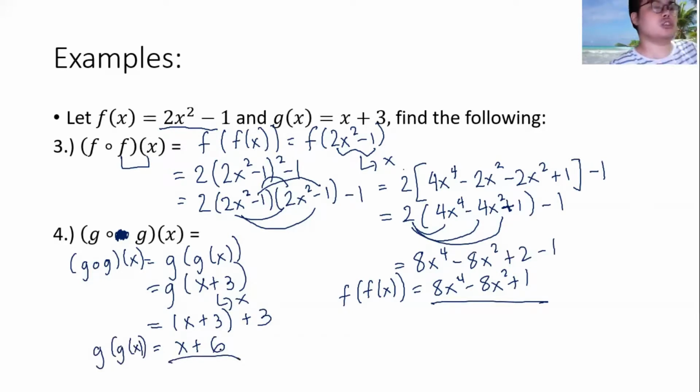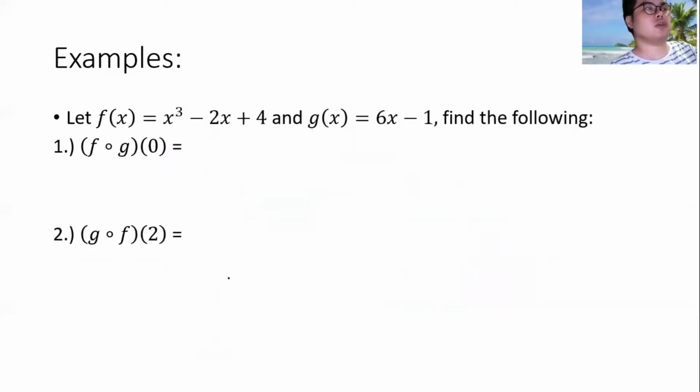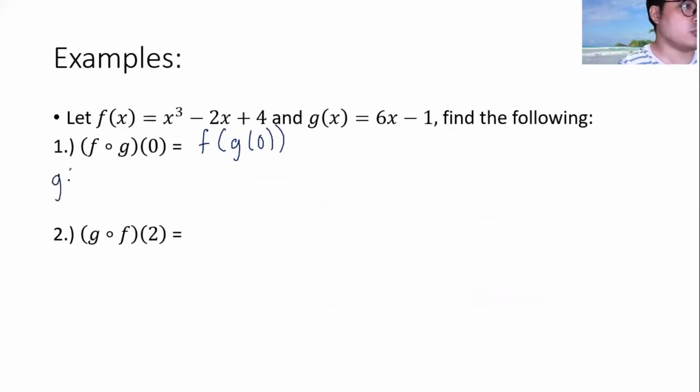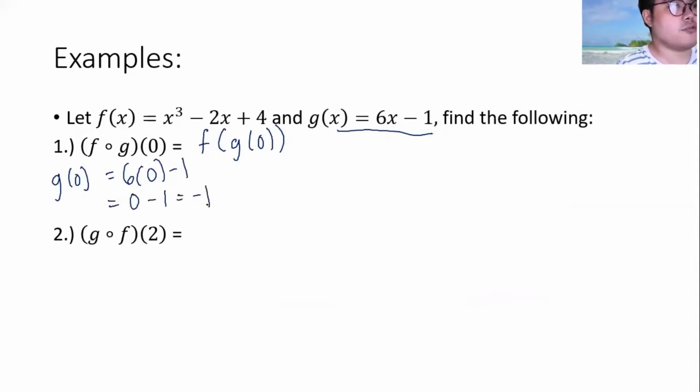Okay, so now we're going to involve substitution of values. Can I rewrite this? So f of g of 0. First we need to find the g of 0 using this function. So our value of x is 0. So 6 times 0 minus 1: 6 times 0 becomes 0, then minus 1, so this will become negative 1.